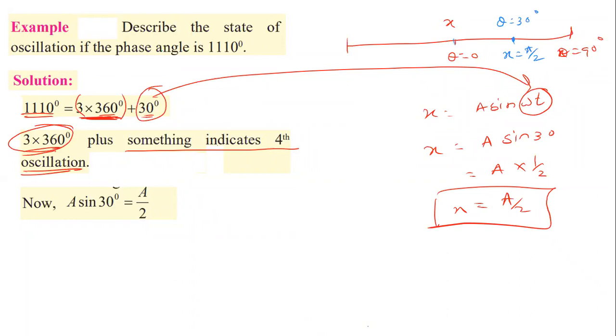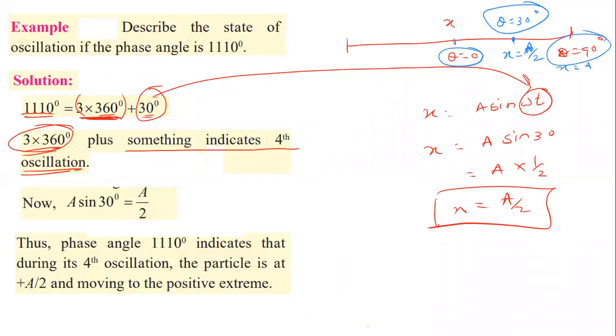Between the mean and extreme, x equal to a by 2 is 30, and x equal to a is 90. Thus the phase angle 1110 degree indicates that during its 4th oscillation, the particle is at plus a by 2 and moving to the positive extreme. It reached the middle position, x is equal to a by 2.